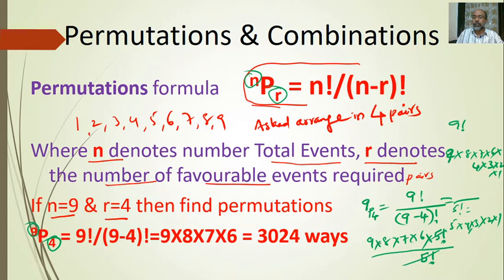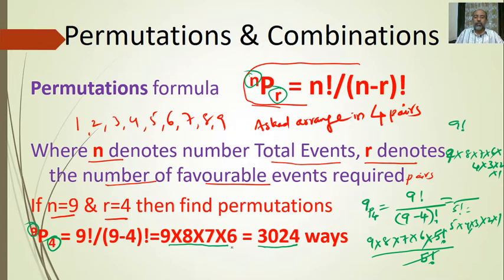Then the remaining is 9 into 8 into 7 into 6. On multiplication you will get 3024 ways you can arrange. It's a big number, you know. You have 9 numbers, and out of 9 numbers you want to arrange 4 pairs. So on calculation you will get 3024 ways.